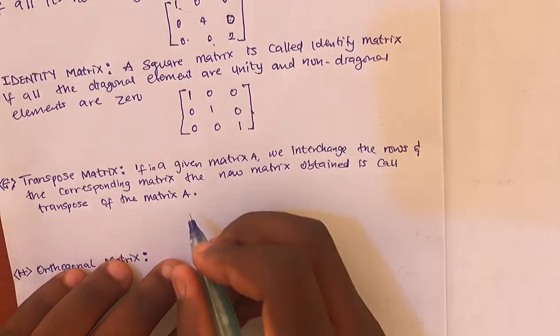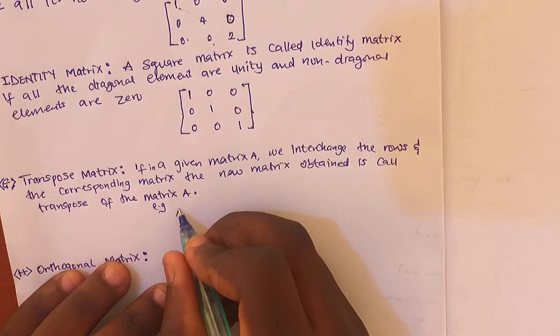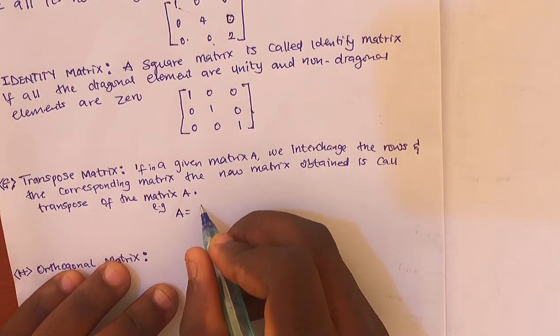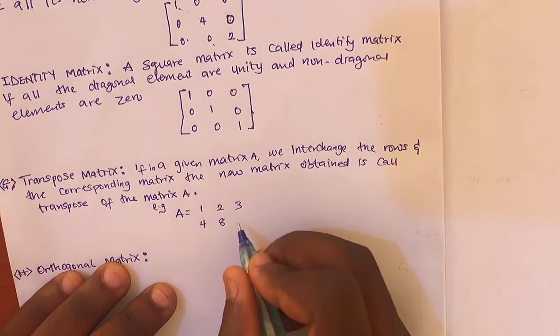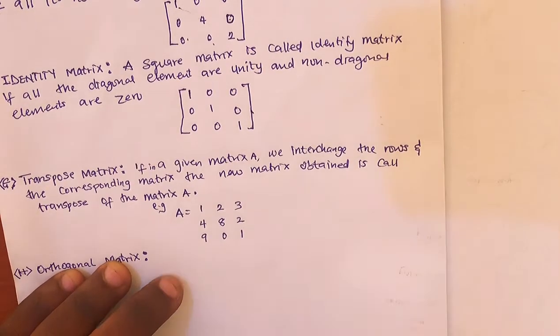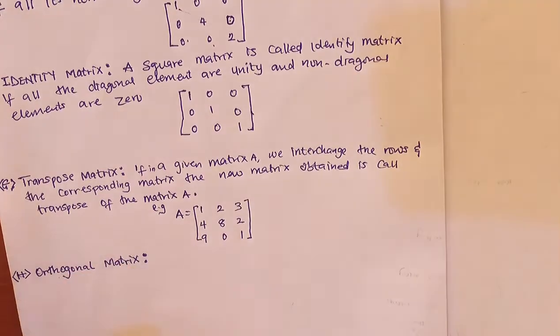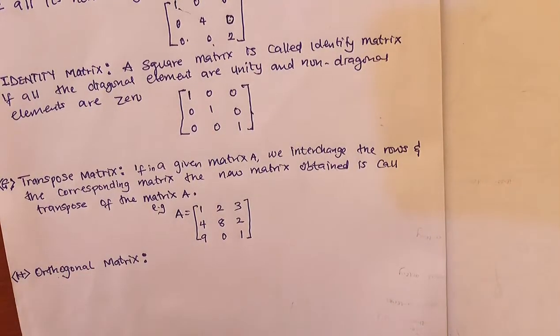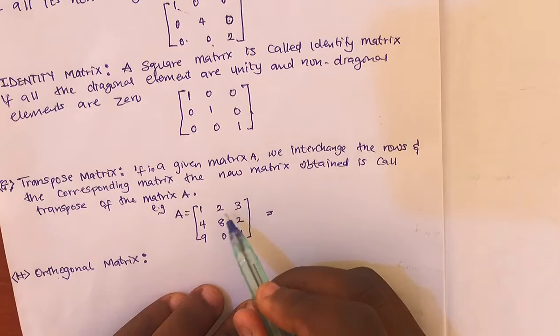Example. We are given matrix A equal to 1 2 3, 4 8 2, 9 0 1. This is matrix A, and I want to form a transpose matrix. This is how it's going to happen. This is the row; I'm going to interchange this.